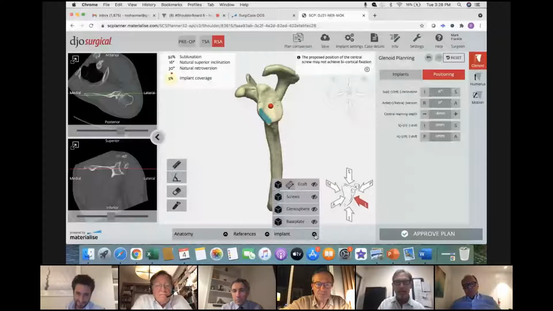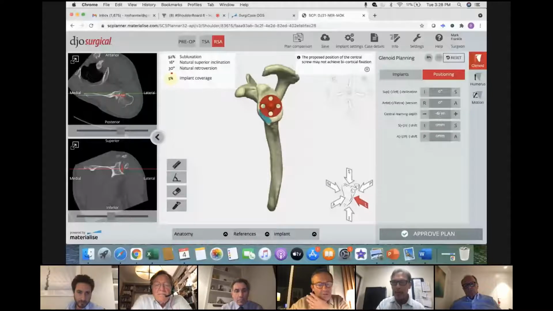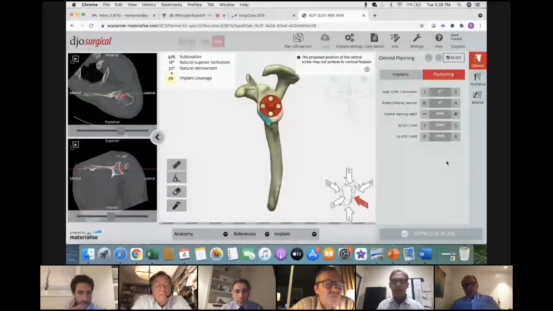So if I'm going to put my base plate, which is a simple screw device, I'm going to put that at maybe ream 2 millimeters so I can get some bone contact. So this is what I'd get. I'd get about 67% coverage.